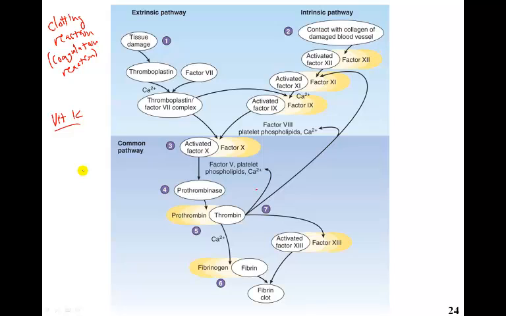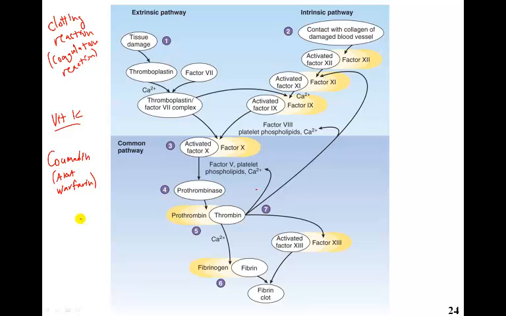And then the other thing that's important about the synthesis of clotting factors, I mentioned that many of them rely on vitamin K to be synthesized. So there's a drug called Coumadin, also known as warfarin, as in warfare. It was developed initially as a rat poison.